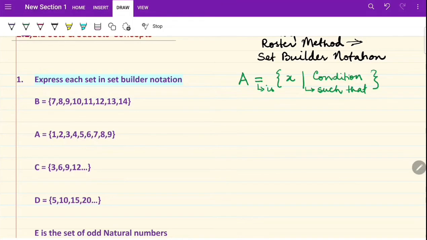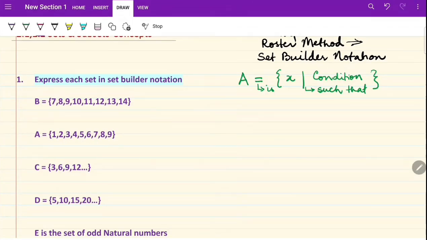The conditions will come from the property of the elements in the set, and it can be more than one condition. In that case, we will connect the conditions using the AND statement, all right? With this general form of the notation, we'll go into rewriting each of these sets which are currently in the roster form, converted to the set builder form.